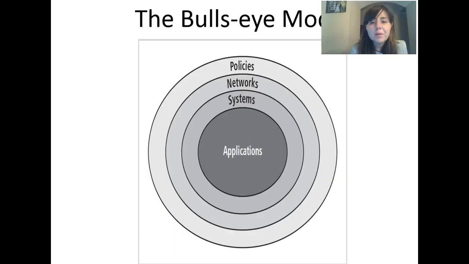This is actually the bullseye model, an implementation model that emphasizes the role of policies in information security. It is a widely used mechanism in information security, and it focuses on 4 different layers: policies, network, systems, and application.